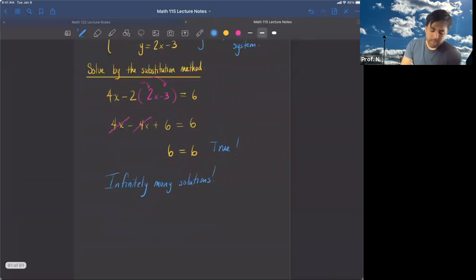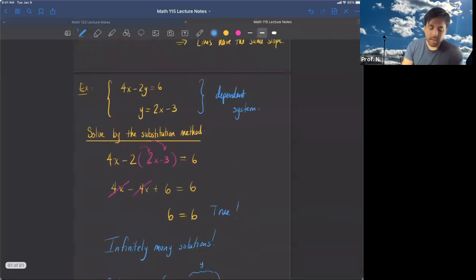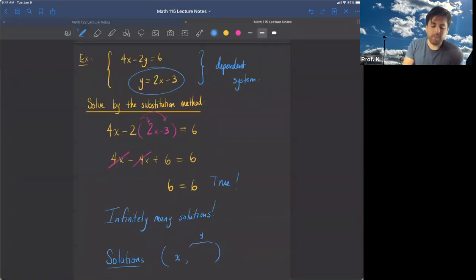And what are those solutions? How do we write the solutions? One way to write them is in a general sense. We're going to write them as coordinates, x comma... normally we would say y, wouldn't we? X comma y. But we're going to write y in terms of x, and it just so happens that y is written already in terms of x.